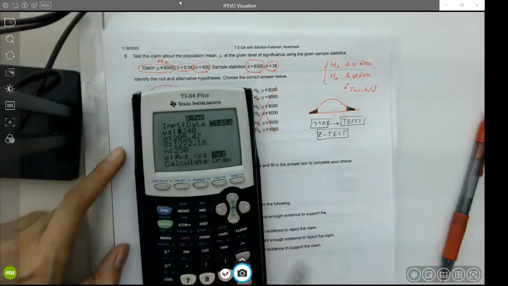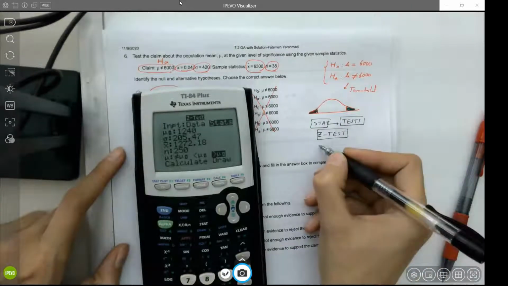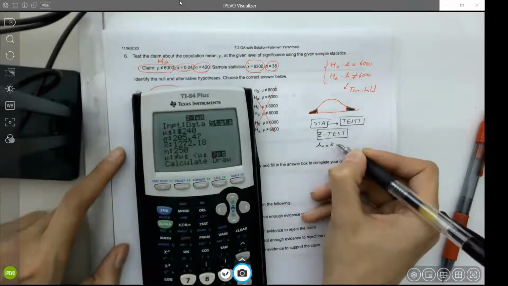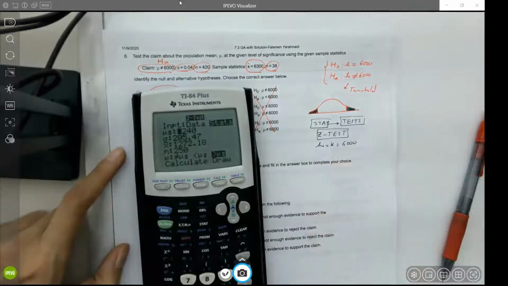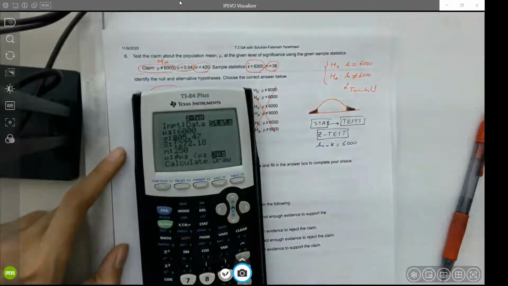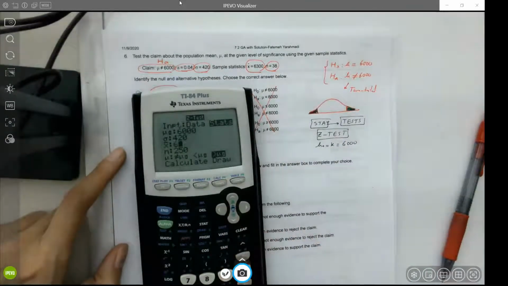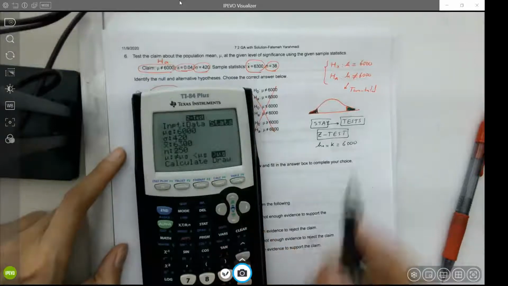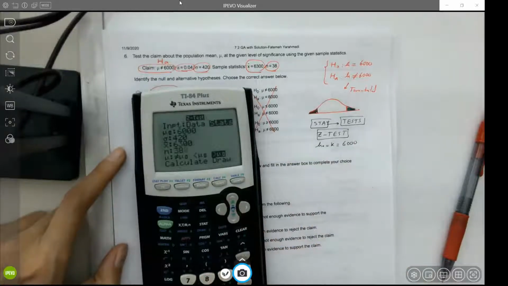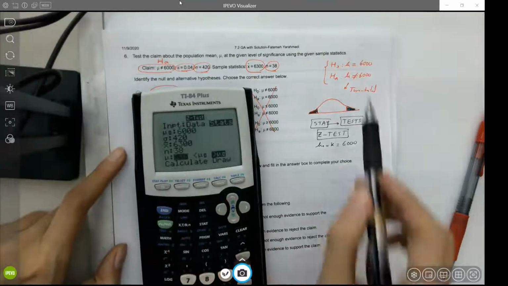So now, what is the information that we have? Mu sub 0 is the same as k. In this case, it's given as 6,000. Sigma is given as 420. X bar is given as 6,300. And n is 38. And you know that it's a two-tailed test, not equal to.